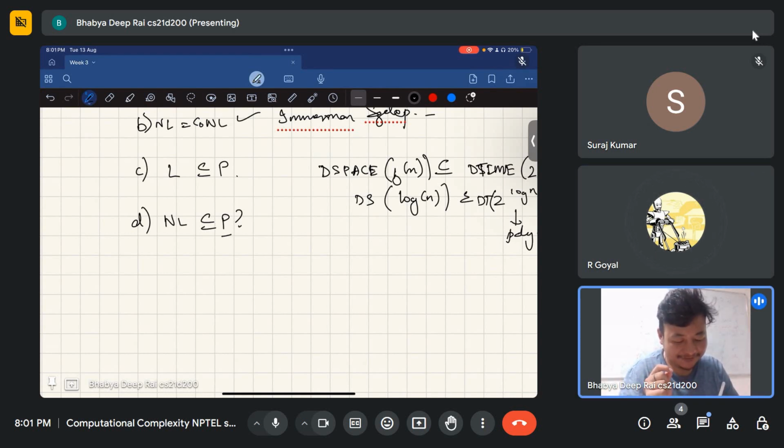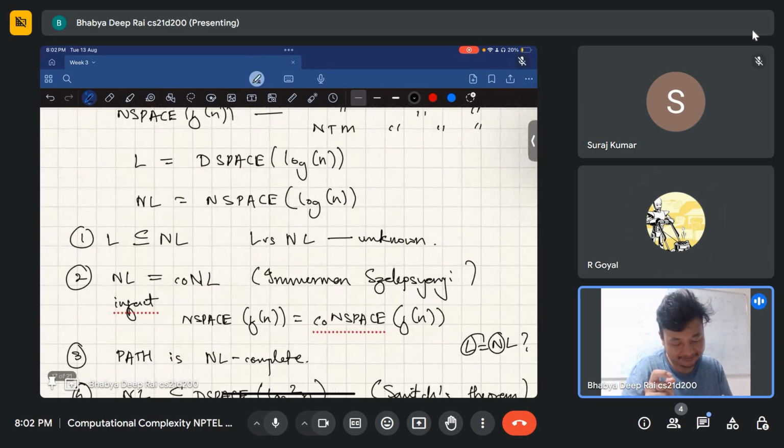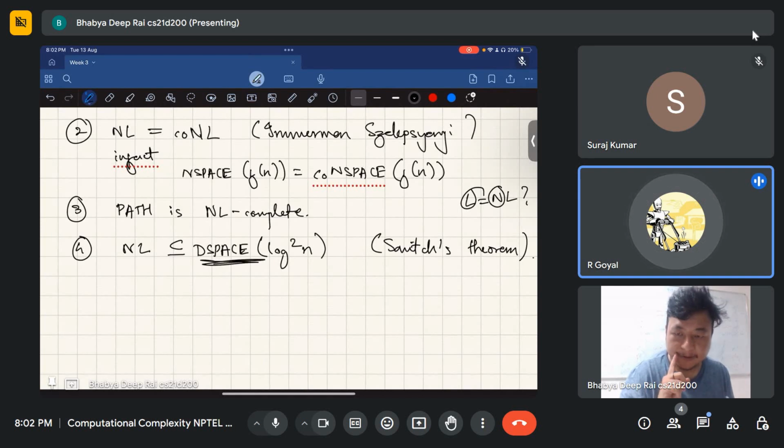We want it in terms of time. P is a time bounded class. Savitch talks about D space. So my point is that D space of log square of n, if I take 2 raised to the power of log square of n, the quantity would again come out to be a polynomial only.